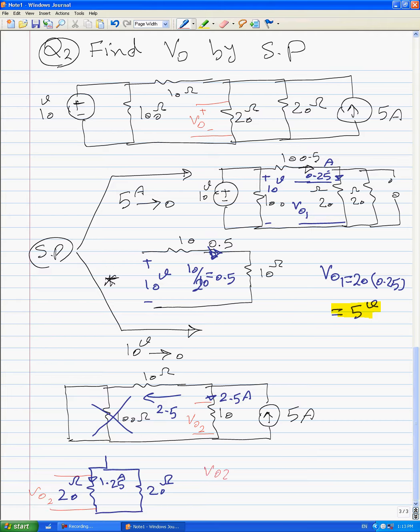That's why Vout2 is equal to 1.25 times 20, or 2.5 times 10, and is equal to 25 volts.